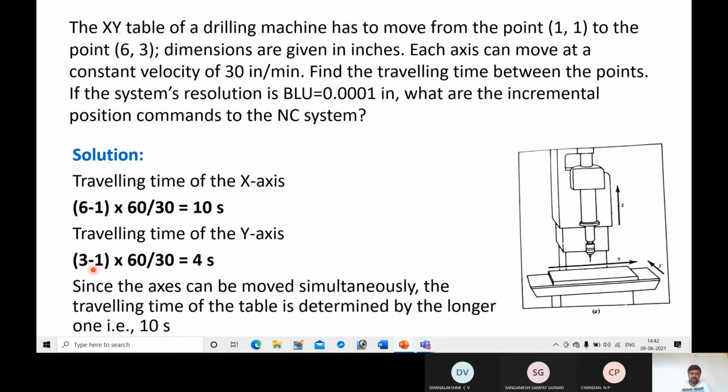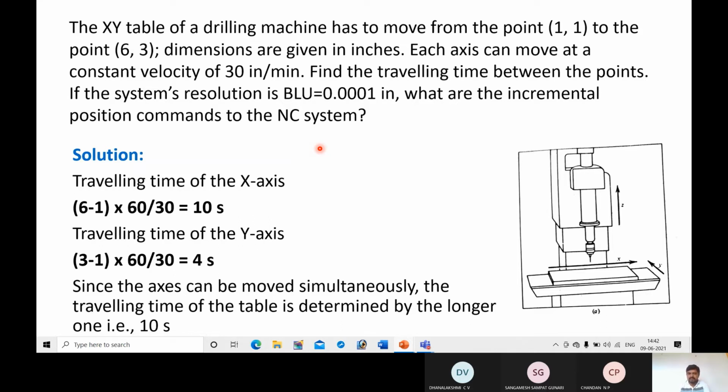Along the y-axis, you should achieve movement of 2 inches. For every single command, for every incremental position, it can move 0.0001 inches. That is one incremental position. How many incremental positions are required to achieve movement of 5 inches?